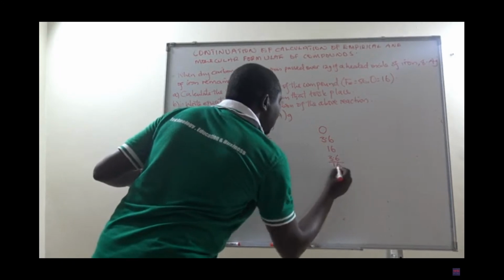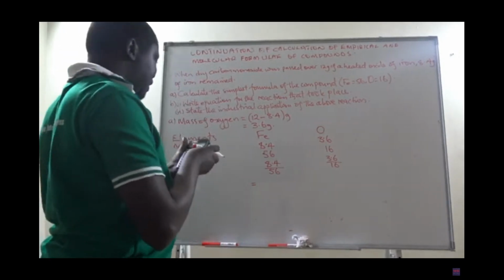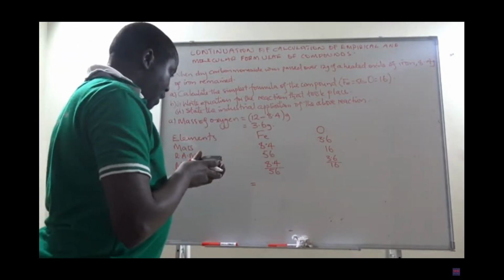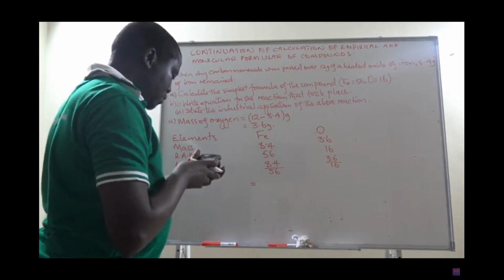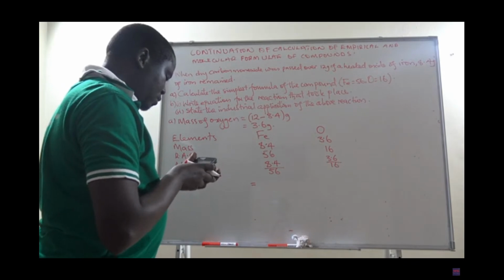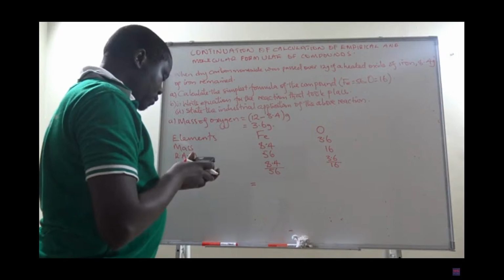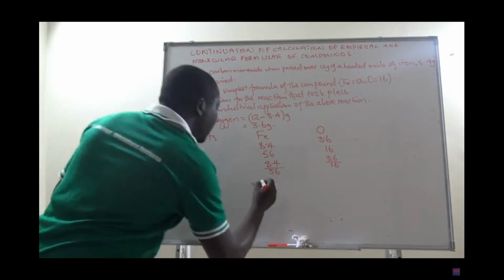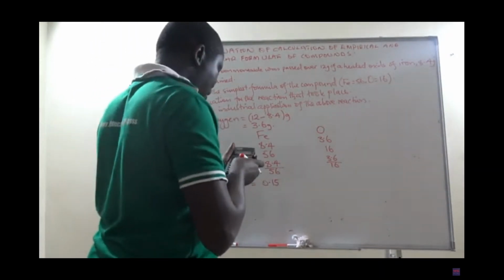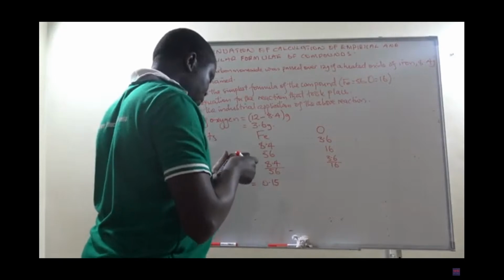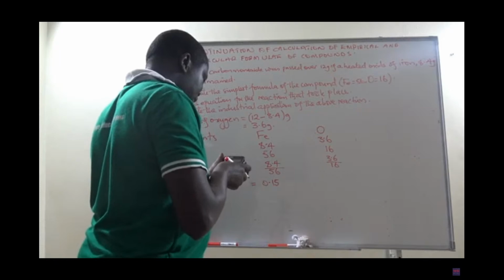So 8.4 divided by 56. This one has given me 0.15. Then 3.6 divided by 16.